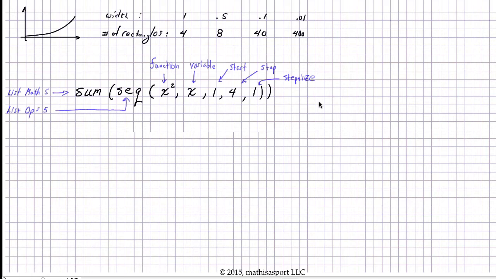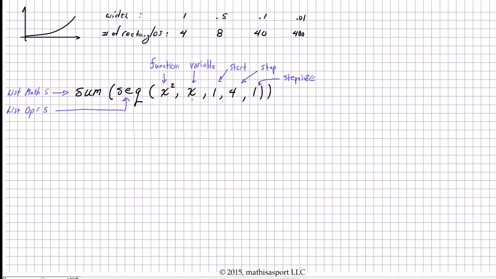First, let's look at the sequence function. This can be found on your keyboard either in the catalog or with list ops 5. And there are several inputs to this function. It's a fairly complicated one. First, the function that we want to sample at varying values.